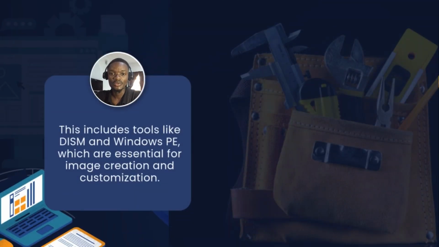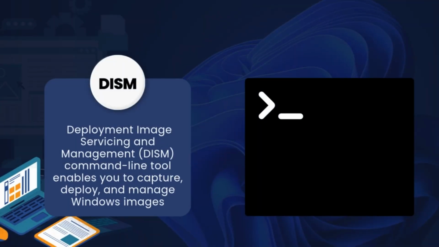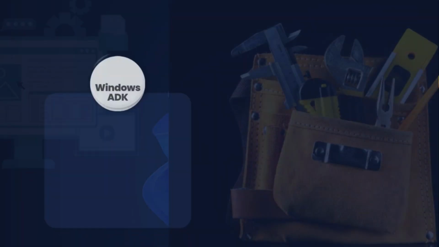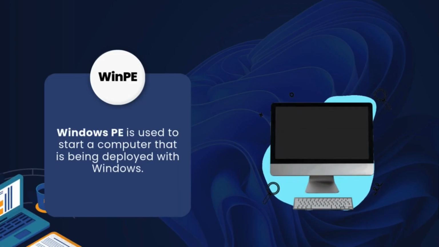Next, Windows ADK. What is Windows ADK? The Windows ADK, or Windows Assessment and Deployment Kit, includes the core tools needed for Windows deployment. This includes DISM, which lets you capture, service and deploy Windows images, Windows System Image Manager, which is used to create and edit answer files, and WinPE, which we just covered.